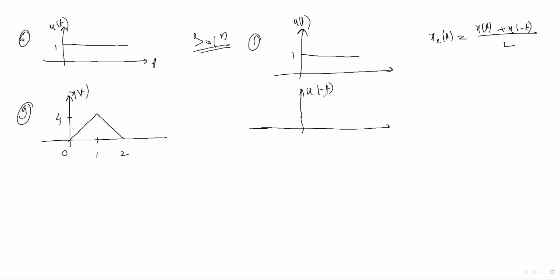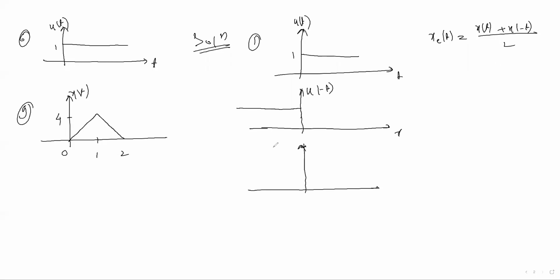What is this operation, u of minus t? That is the folding operation. Folding means reversal, or a mirror image. Now you have to add these two and divide by 2.